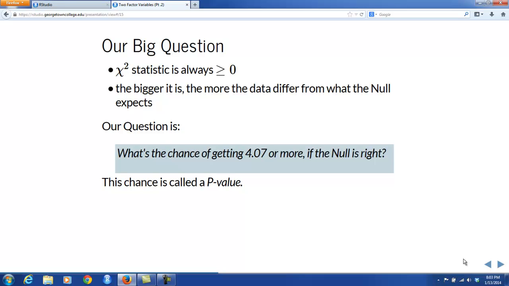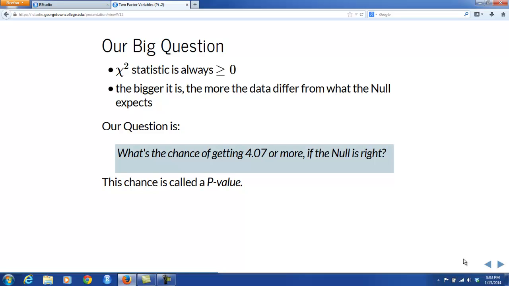Now, the chi-square statistic is always at least 0. It makes sense because you square those differences. So even if they start out negative, you'll get positive numbers in the end. And as we just said, the bigger the chi-square statistic is, the more the data differ from what the null is expecting.